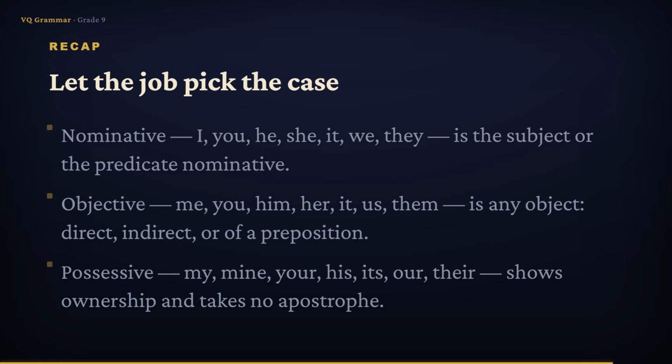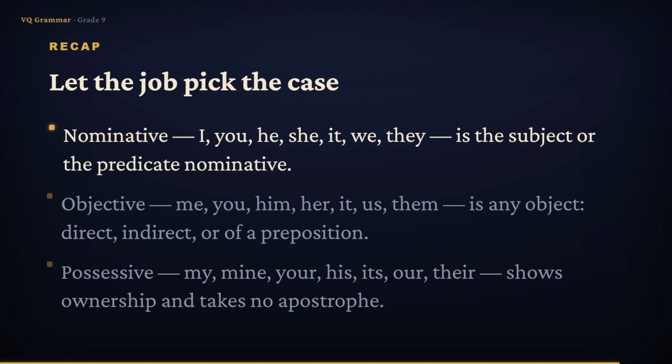Let's pull it all together. Personal pronouns come in 3 cases, and the pronoun's job in the sentence tells you which to use. The nominative, I, you, he, she, it, we, they, works as the subject or the predicate nominative that renames it.